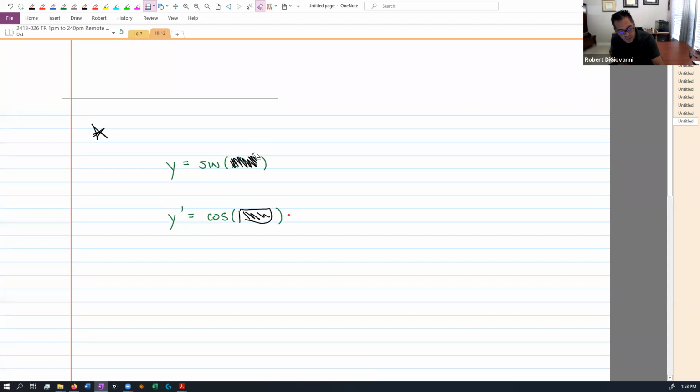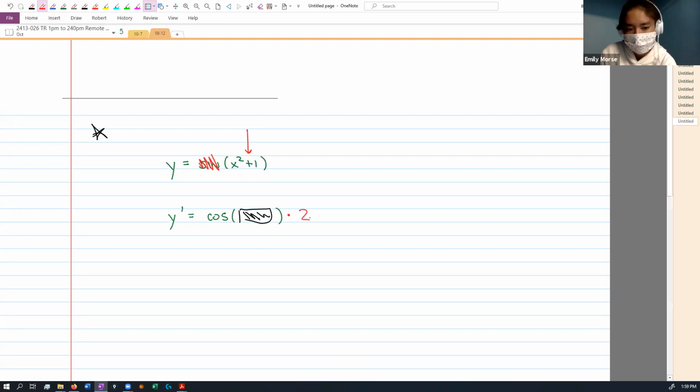Take the rag off. We've already taken the derivative of the outer one, right? So now you're going to multiply times the derivative of what's in here. What was underneath the rag? And what's the derivative of that? 2x. Okay, that's our answer.